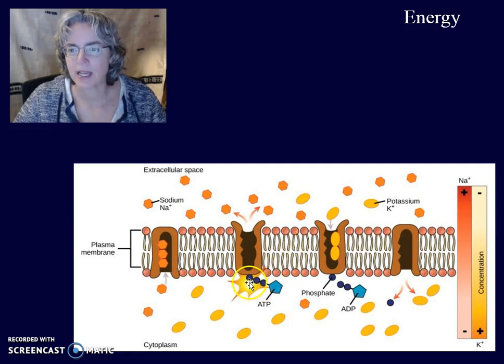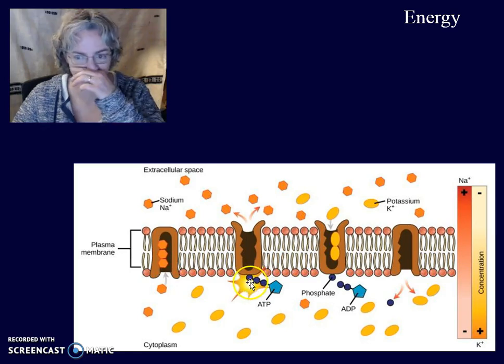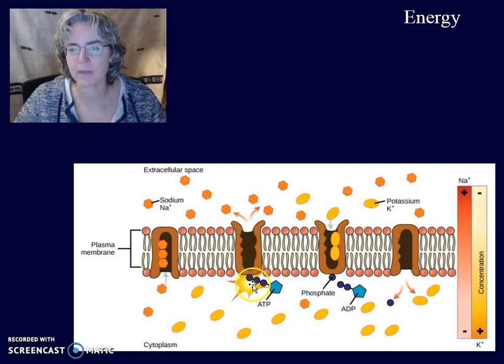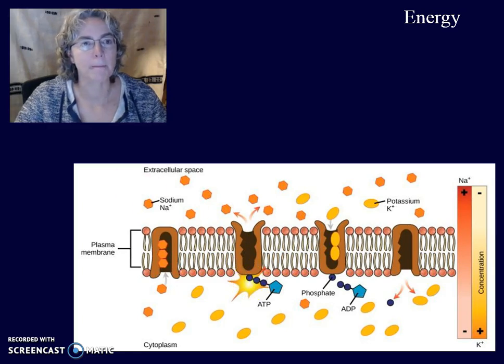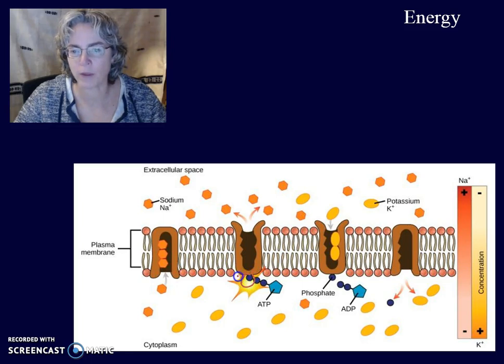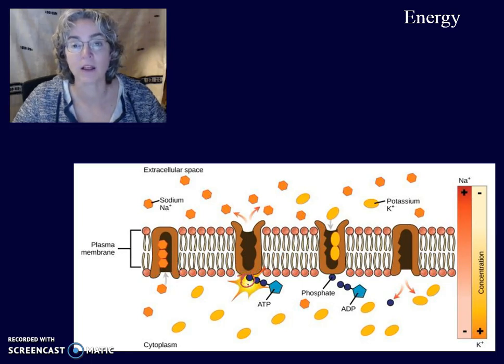What happens is this ATP molecule hooks up to the protein, and a little bit of energy is needed to break off that ATP molecule. But then when this phosphate group forms a bond with this protein, a lot of energy is released.